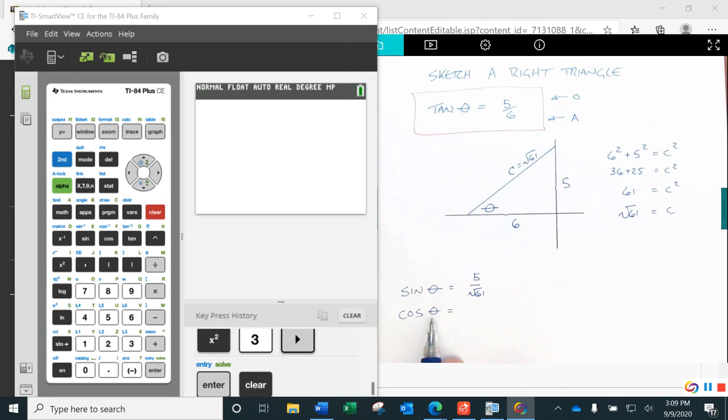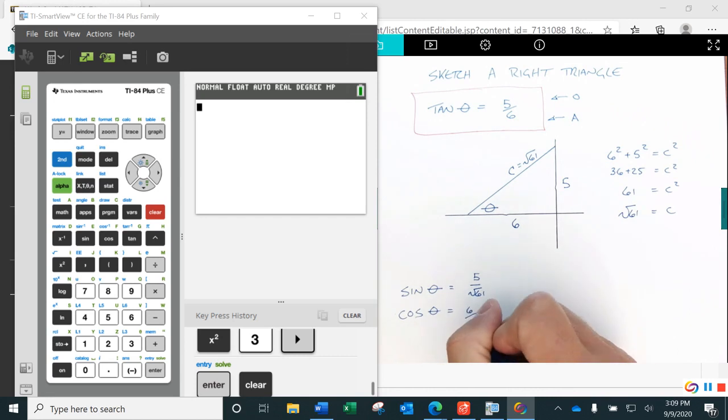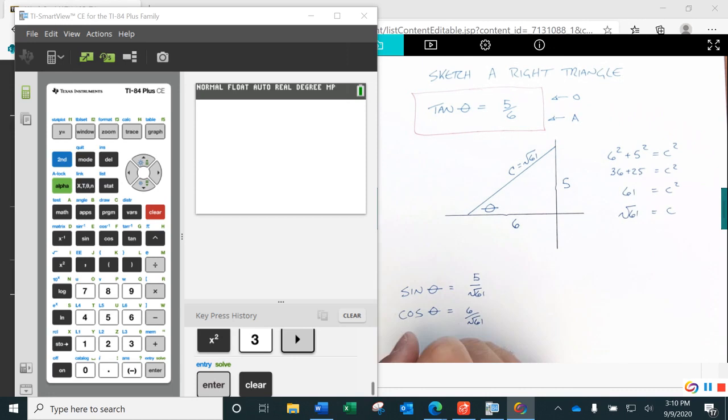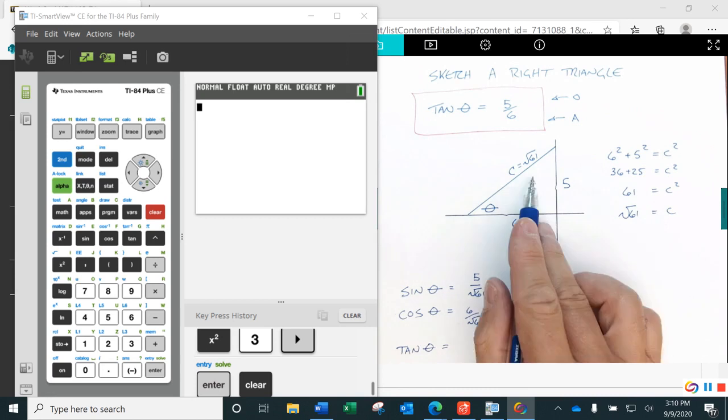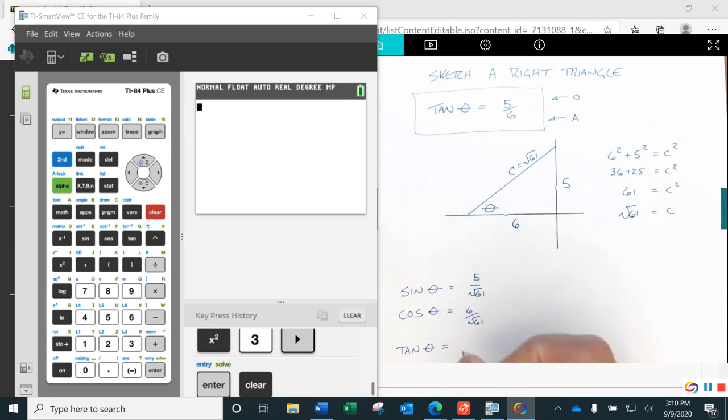Cosine of theta is the adjacent over the hypotenuse. Tangent of theta was given to us as 5 over 6. We see that's true for this statement as well.